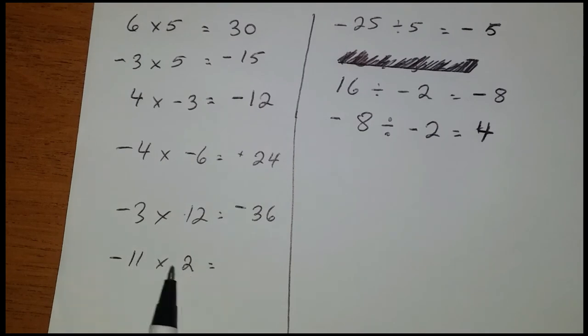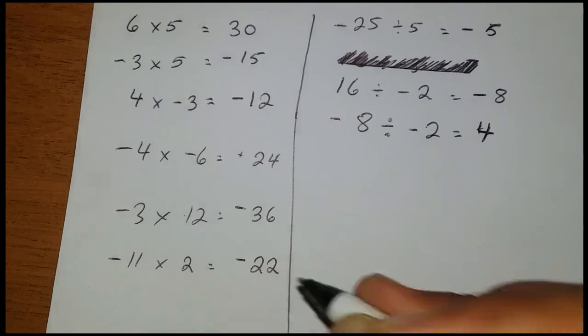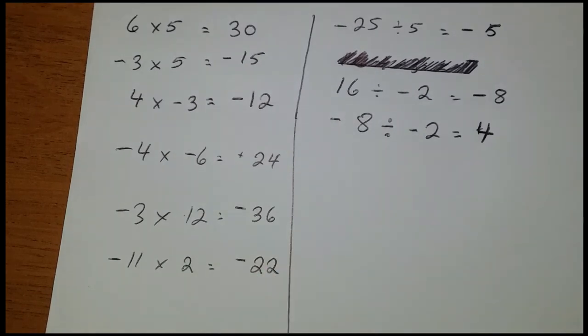Negative 11 times 2, we're going to have signs the same, positive, signs different, negative. I can see that my signs are different, so my answer is going to be negative, and then 11 times 2, my answer is 22.